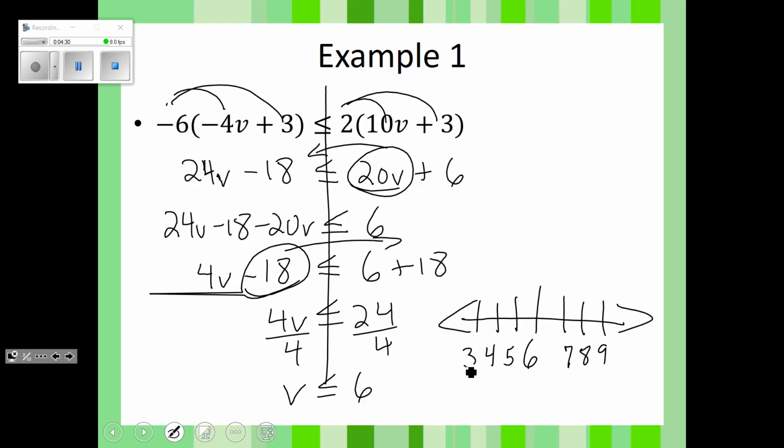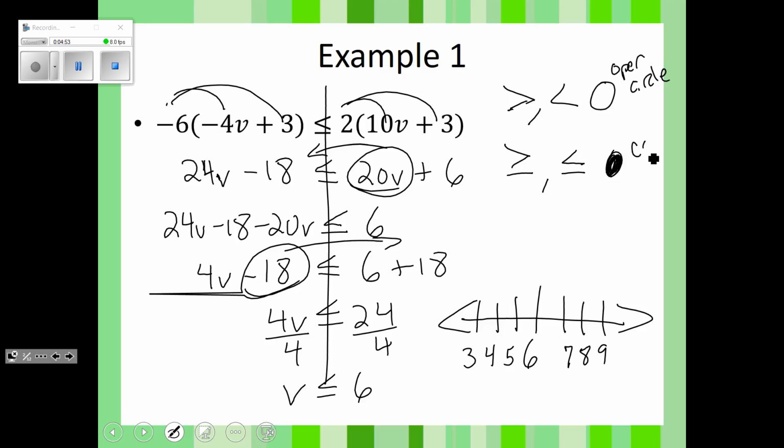Open circle, closed circle on 6. Do we remember the difference between open and closed? If it is less than or greater than, it will be a clear or open circle. If it is greater than or equal to or less than or equal to, it will be a shaded in or closed circle.